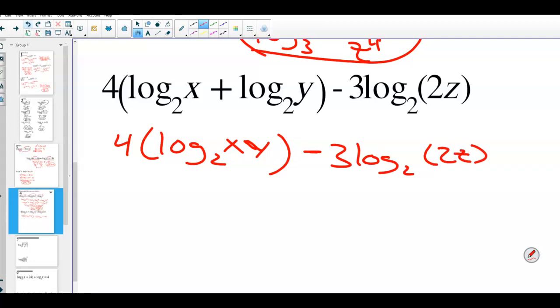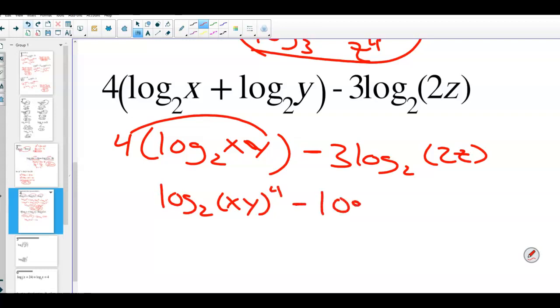Now I deal with my exponents. The 4 comes up here. So log base 2 xy gets raised to the 4th. Minus log base 2 2z gets raised to the 3rd.